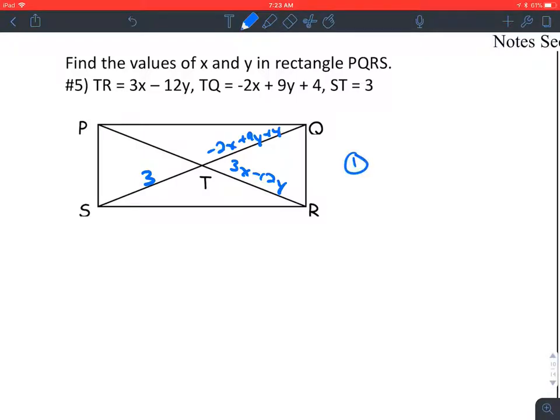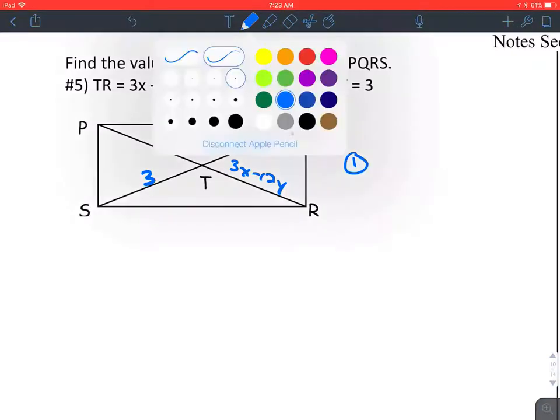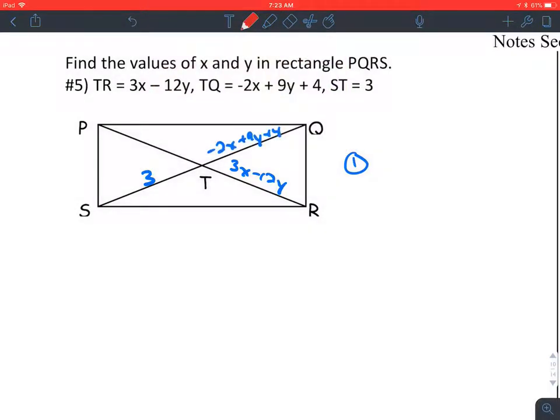Step 1, put your stuff in the picture. Now, the relevant information that we need for this is that the diagonals are the same length and they bisect each other. So we can make some equations from this. For example, we can say that ST is equal to TQ.